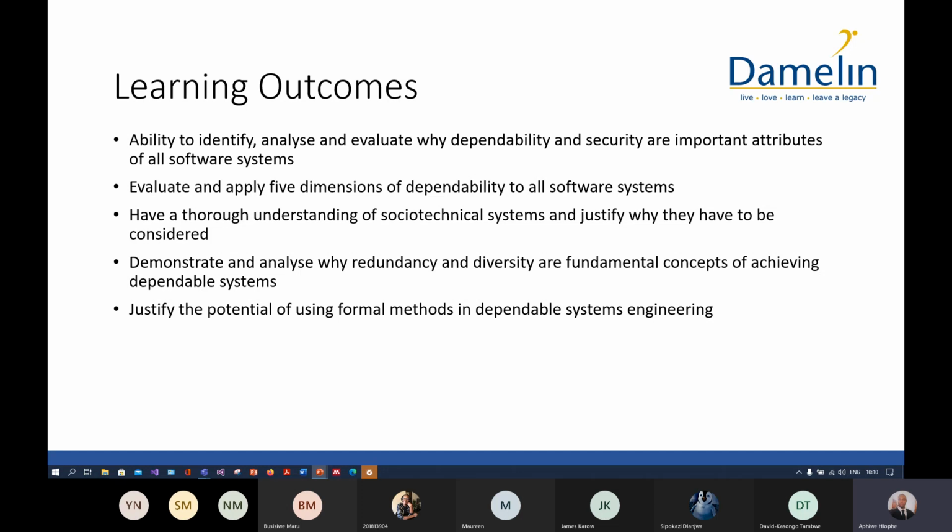Have a thorough understanding of socio-technical systems and justify why they have to be considered. Demonstrate and analyze why redundancy and diversity are fundamental concepts of achieving dependable systems, and justify the potential of using formal methods in dependable systems engineering.